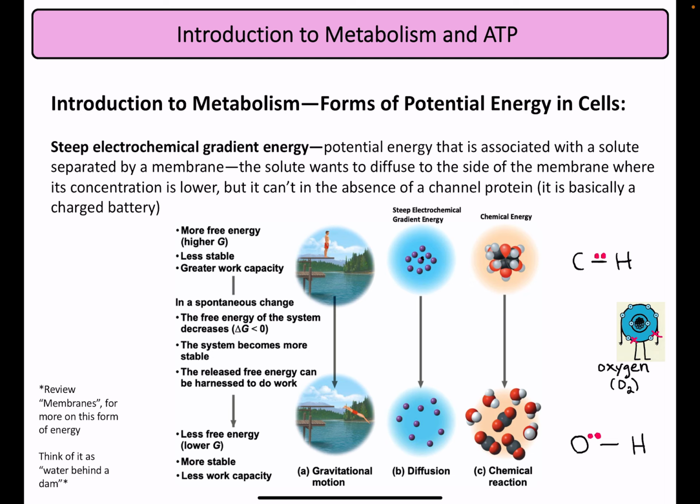When you break down digested food during cellular respiration, what you do is you use enzymes to break these bonds, temporarily liberating these electrons, and you do so in the presence of a molecule that really loves electrons, like oxygen here.